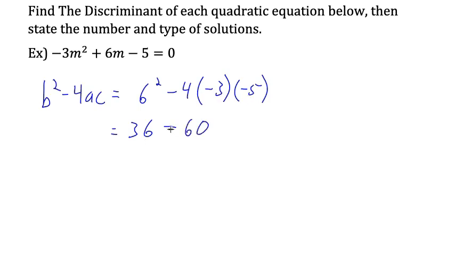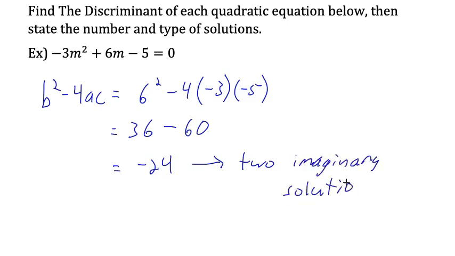So we'll have 36 minus 60. And if we calculate that, we get negative 24. So the discriminant is negative. That tells us that we have two imaginary solutions to this equation up here. Once again, it does not tell us what the solution to this equation is. It just tells us what type of solution we get.